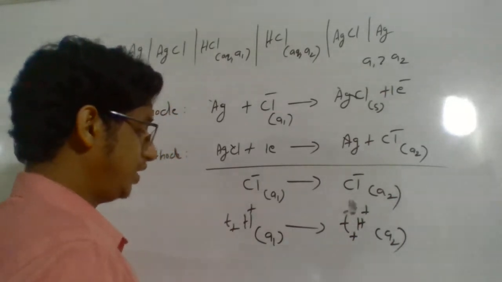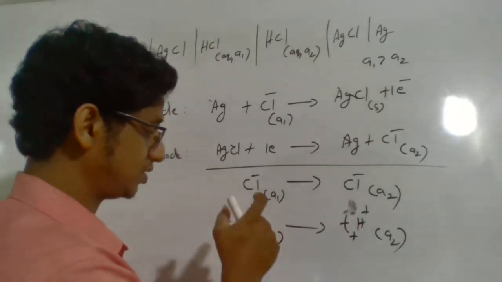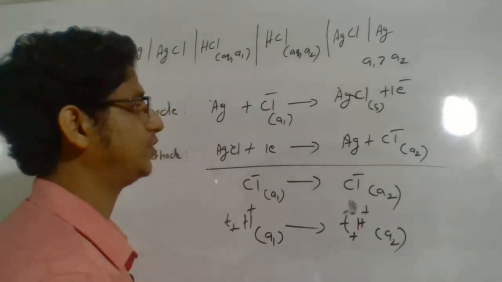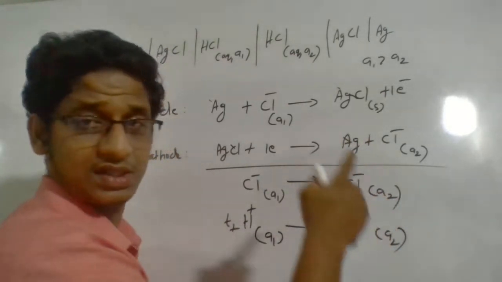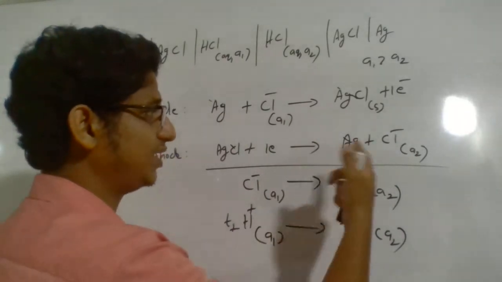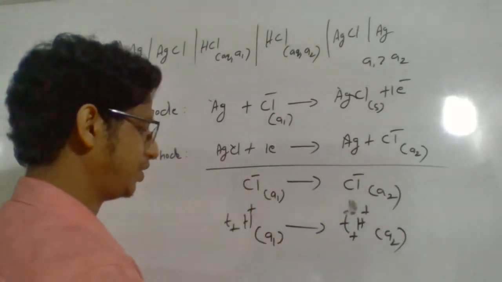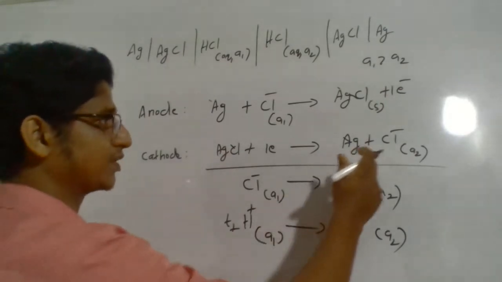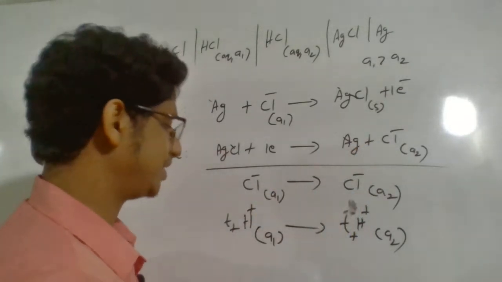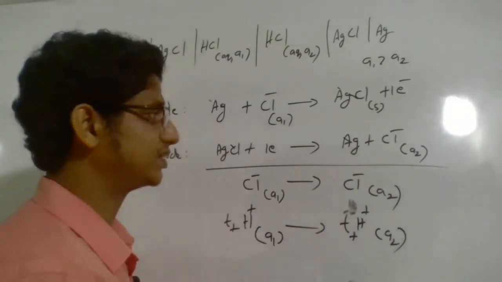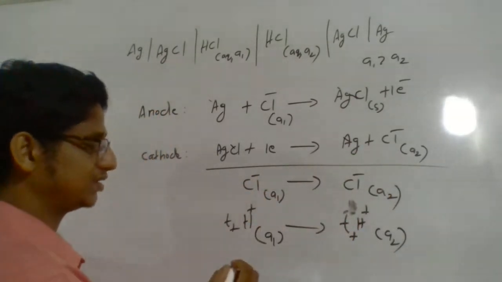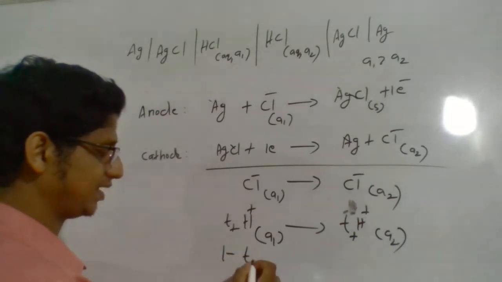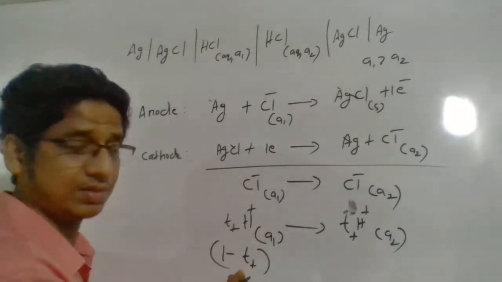Now, if H plus ion is moving across from A1 to A2, what about Cl minus? Here you can see Cl minus will be in excess in solution 2. So Cl minus will be moved from A2 to A1. If T minus is the transport number of Cl minus, then 1 minus T plus will be the transport number of Cl minus. So you can represent 1 minus T plus, which is actually nothing but T minus.